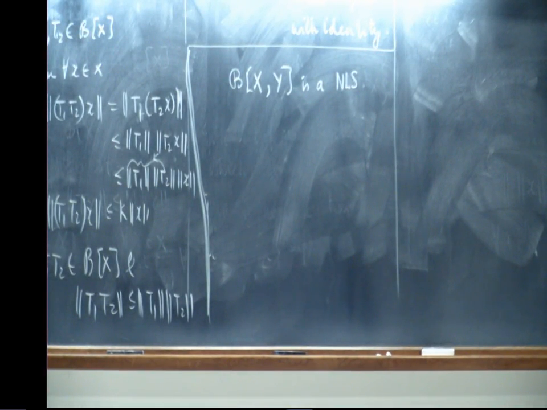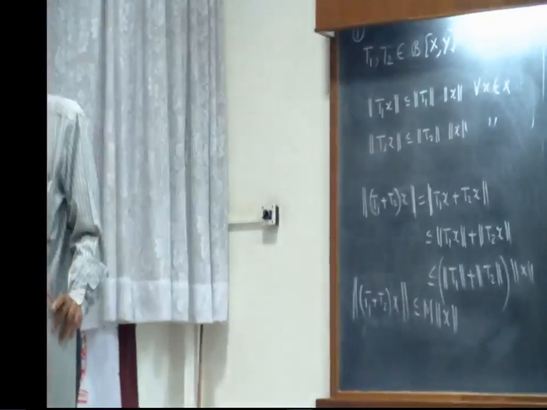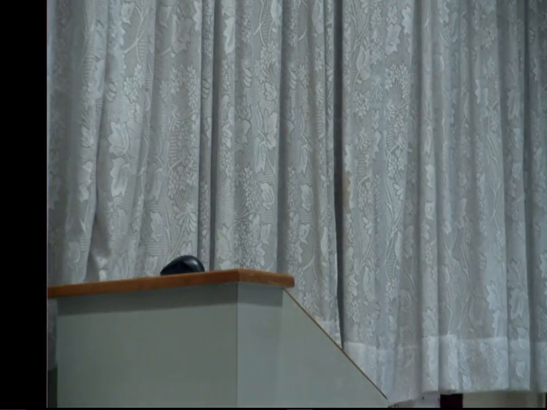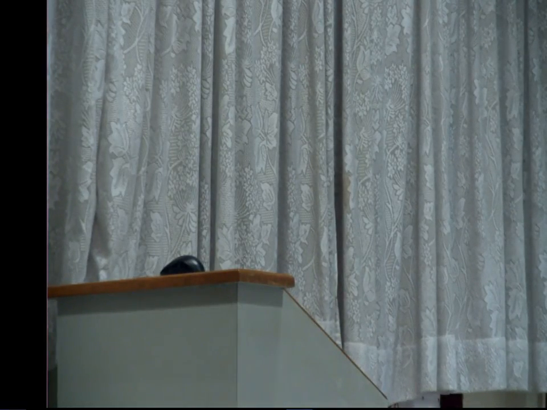The moment I have a normed linear space, I immediately ask, is it complete? Whenever I have a metric space, I ask, is it complete? Every normed linear space is a metric space, so I ask whether it is complete. And a complete normed linear space is called a Banach space. So I want to know whether this is a Banach space. Question 1: is B(X,Y) complete?